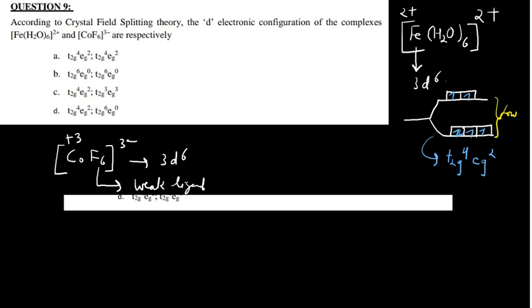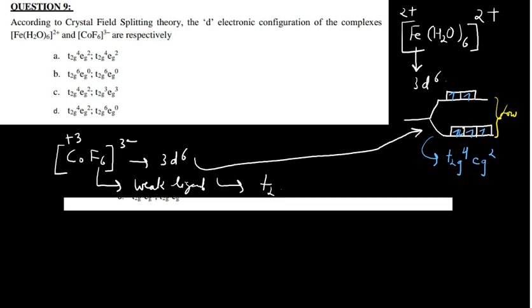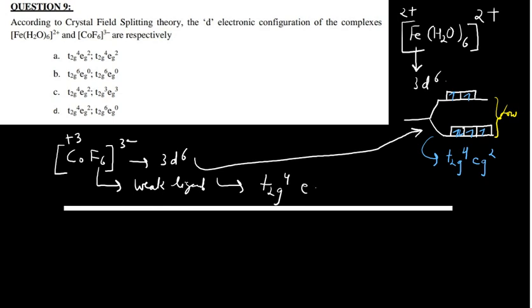Weak ligand means again the same situation. So the configuration for this would also be t2g4 and eg2. Now look for the option where both the complexes have the same configuration. See here you can see t2g4 eg2, t2g4 eg2. Okay, this is the correct one. So option A actually is the correct option in that case.